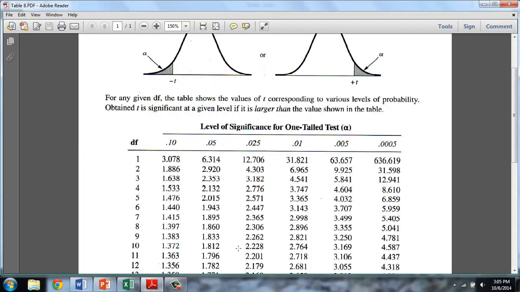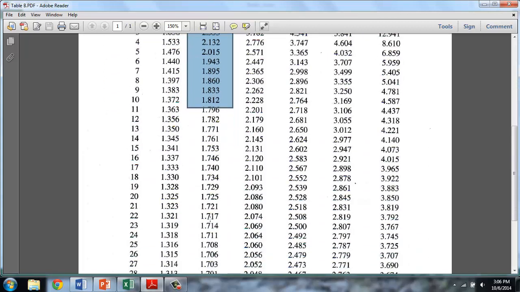Let's determine a population mean at the 95% confidence level, or 0.95. 1 minus 0.95 is 0.05, and so we'll focus on this column. If we scroll down to 24 degrees of freedom, we'll see that the t-score for a 0.05 alpha is equal to 1.711.